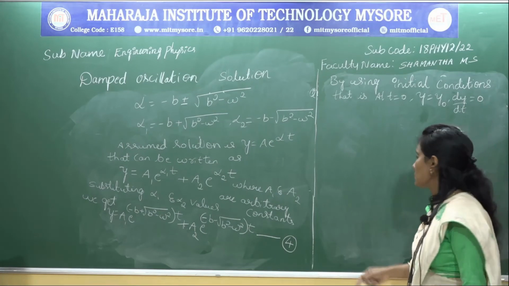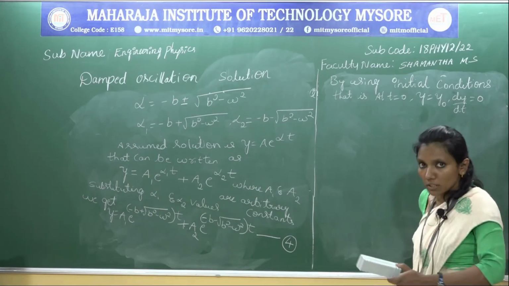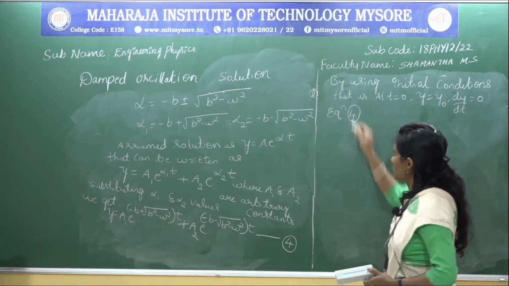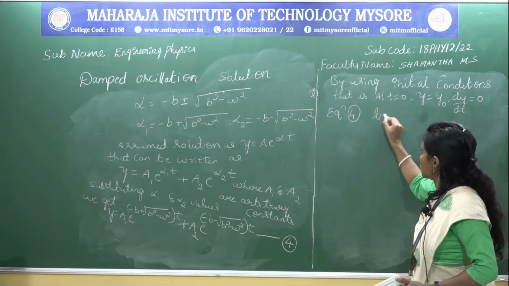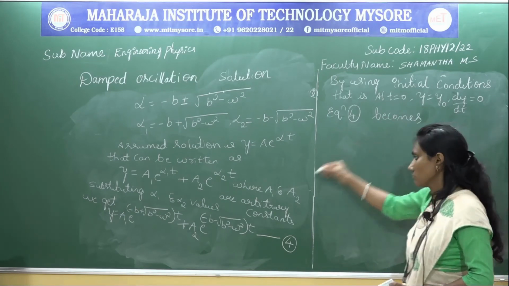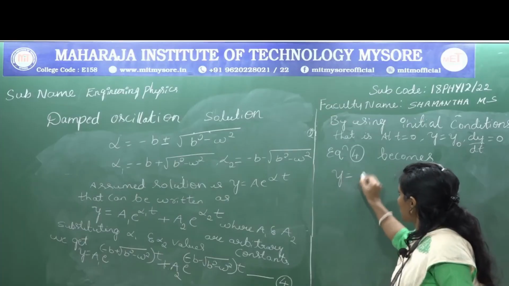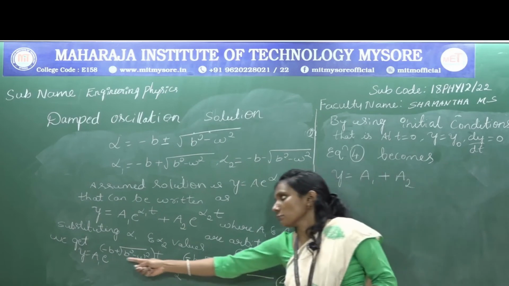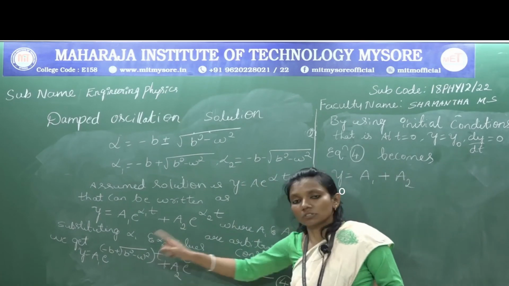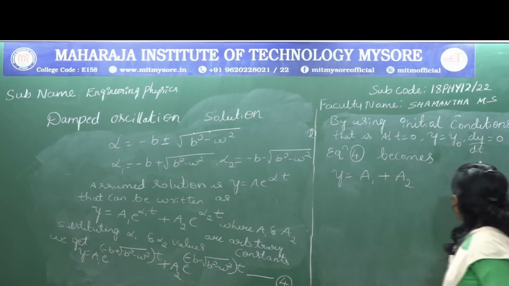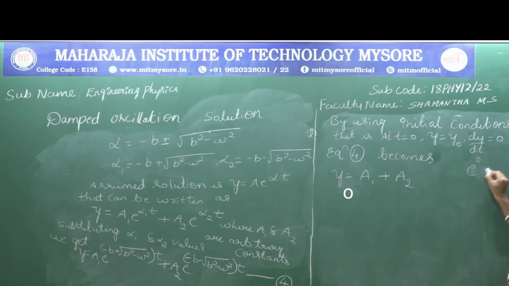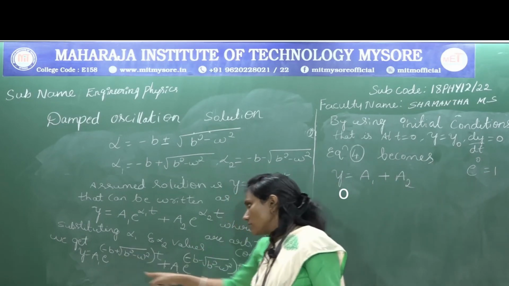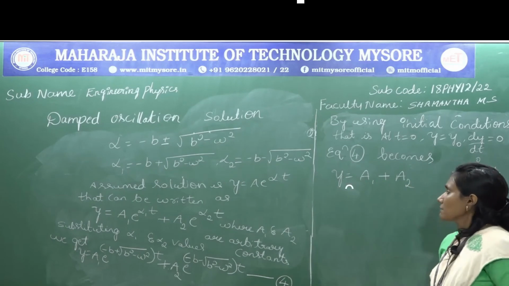If we substitute these values in the above equation, equation 4 becomes y is equal to a1 plus a2, because e to the power of 0 is equal to 1, so the whole exponential term becomes 1.